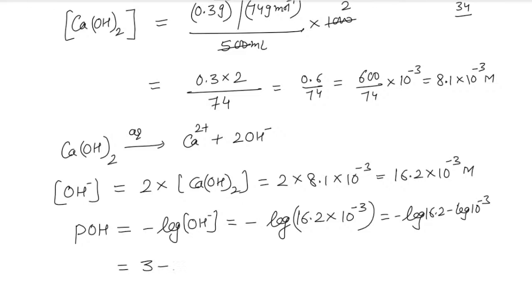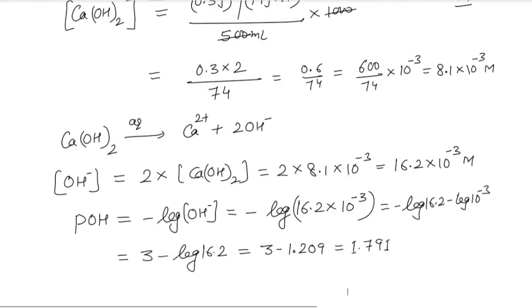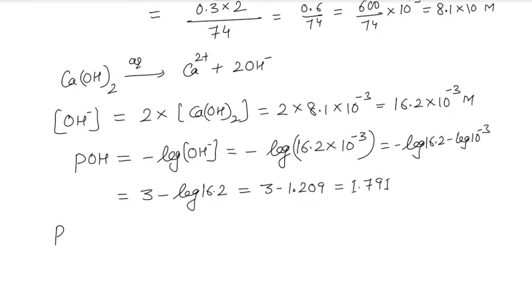So it is 3 minus log of 16.2, that is 3 minus 1.209 around. So it becomes 1.791. So that is POH. But we have to calculate pH. Again, pH plus POH is 14, so pH equals 14 minus POH. That is 14 minus 1.791, so it is about 12.21. That's it.